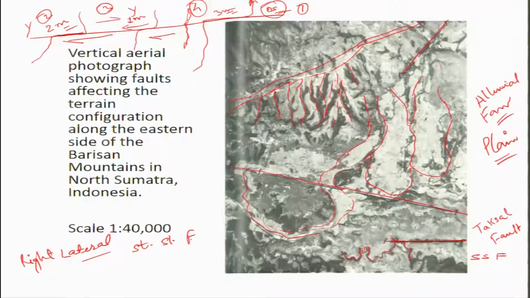So suppose topographic slope is in this direction, so there will be more erosion on this side. However, you will not see any more erosion on this side, very less erosion, and this is highly eroded terrain.